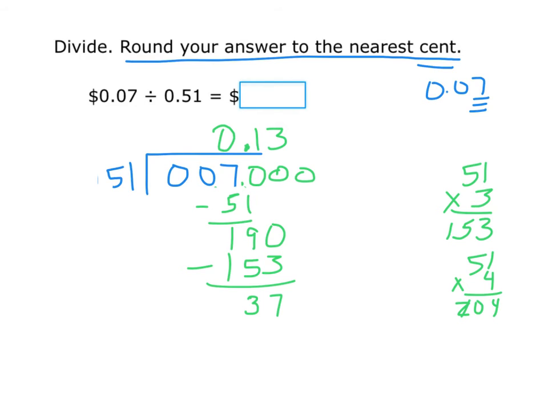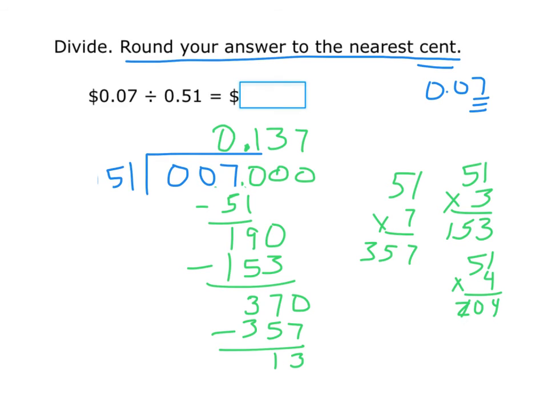Okay, so I need to go to one more decimal place so I know how to round. So 51 into 370. Let's try like 7. 357. That's probably good enough. 10 minus 7 is 3, 6. 13 left over.